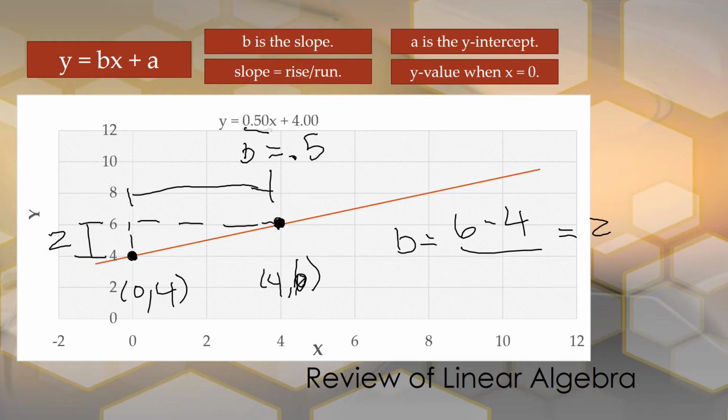So the distance between 0 and 4 is 4, right? The distance between here and here is 4. Or you can say 4 minus 0 is 4. So 2 divided by 4 is 0.5. That's how we get this slope if you're doing it the linear algebra way. And again, I'll show you how to do it when we actually have sample data. But this is just kind of an overview of linear algebra.